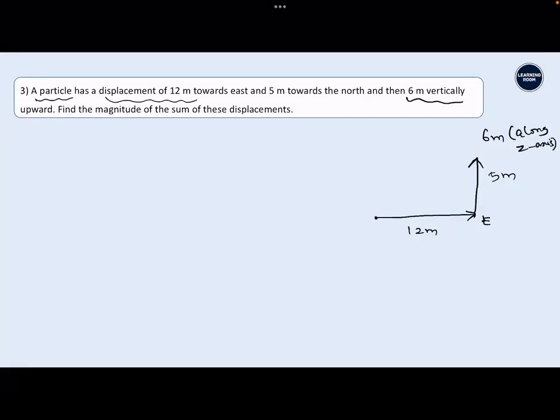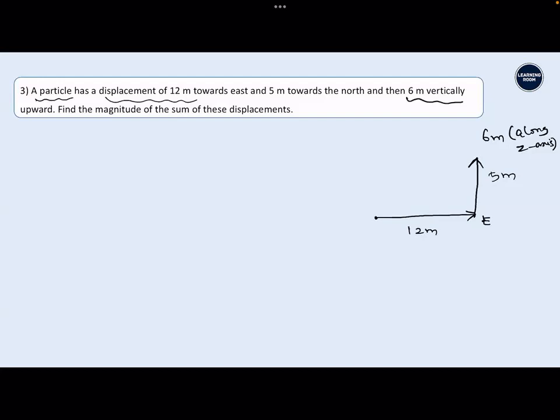There is a particle which has a displacement of 12 meters towards the east, 5 meters towards the north, and 6 meters vertically upward. So 6 meters along the z axis, because north, east, west, and south are all lying in the plane of the paper.